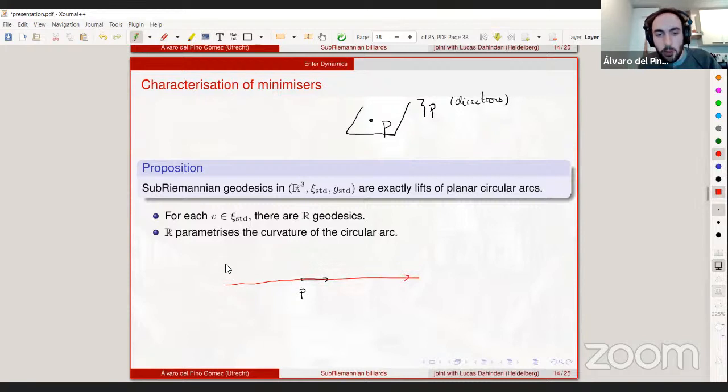There's the straight line, and then there's all the circles of different curvatures at P. So this means that for every direction we have R many choices. So the way that you should think about geodesics is that the geodesics starting at P are parametrized by psi times R, where R is the curvature of the curve. And therefore, if I look, for instance, at the unit geodesics starting at P, they look like a cylinder, right?